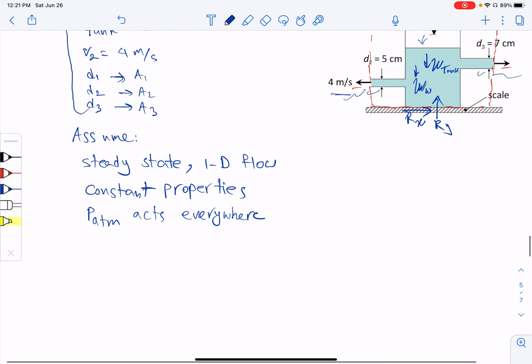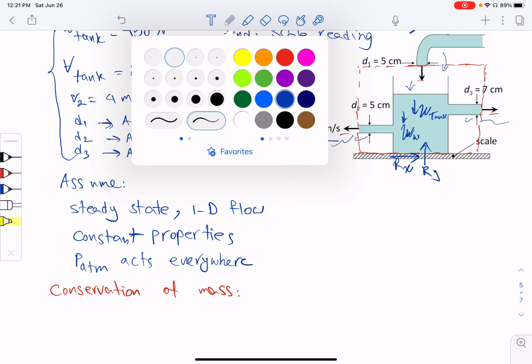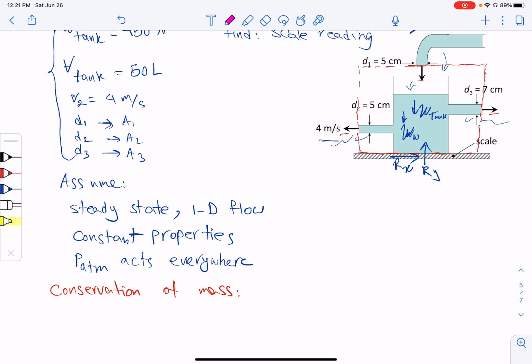Now let's write down the conservation of mass. One flow is coming in and two flows going out. If I just write down the sections, it's section 1, section 2, and then section 3, right?